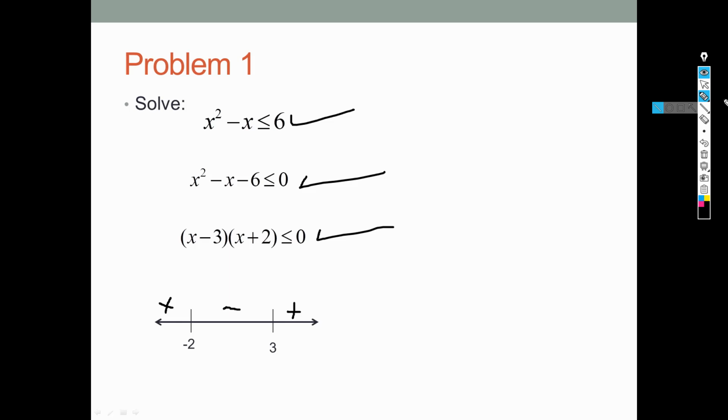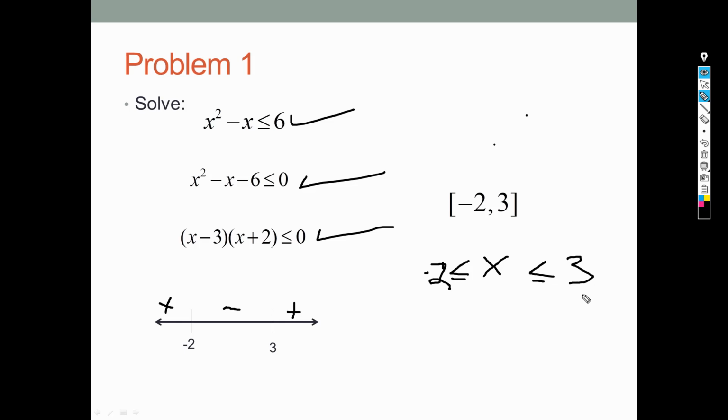Okay, so the solution set can be written in interval notation. Interval notation is written this bracket and then negative 2, comma 3. That's the same thing as saying x has to be greater than or equal to negative 2 and less than or equal to 3.